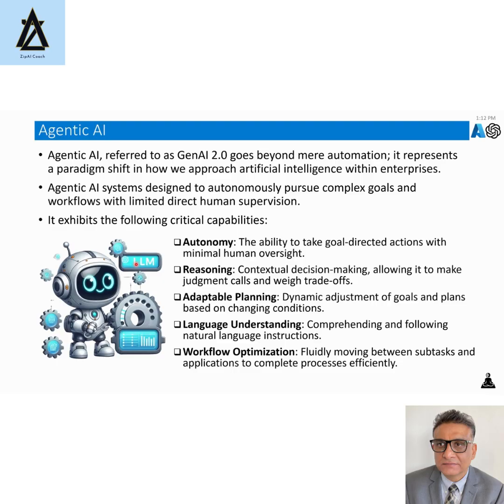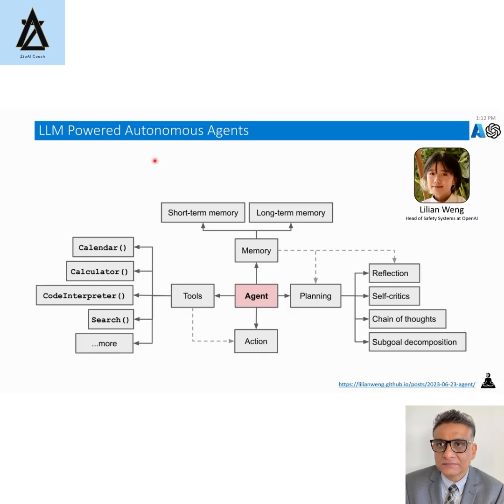The idea being here is that agent is not just generating text or images in a one-step manner. It is able to take a goal and reason about the objectives, plan and carry out these tasks with the help of tools, so that the goal can be accomplished. And we'll see that in the architecture diagram that I'm showing here.